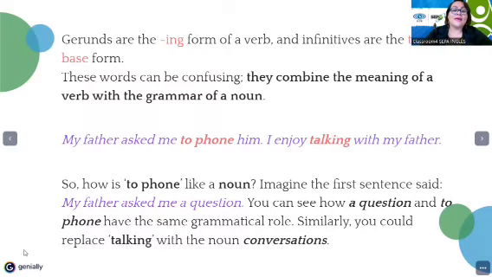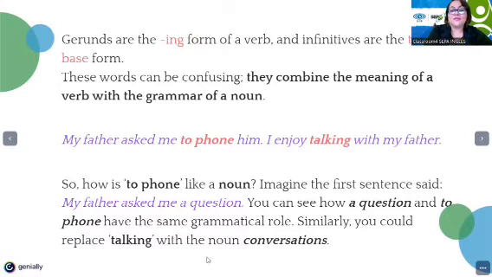Let's go ahead. So how is to form like a noun? Imagine the first sentence said, "My father asked me a question." You can see how a question and to form have the same grammatical role.